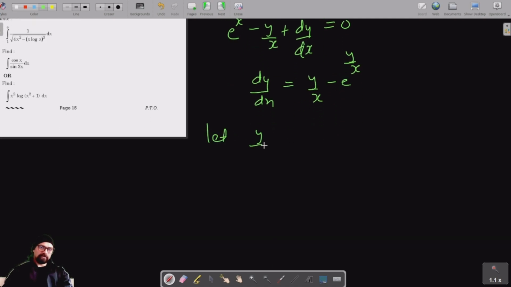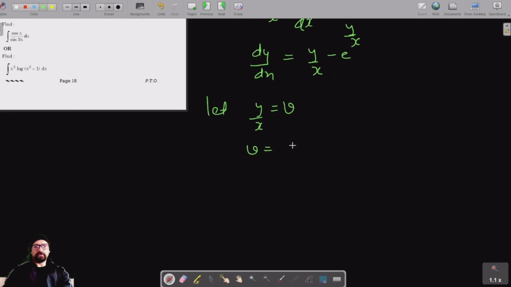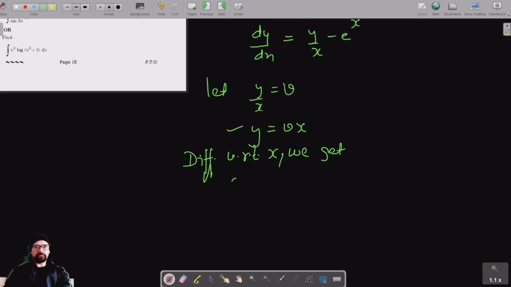And let's make the substitution here. So y by x is equal to v, which gives us y is equal to v into x, and differentiating with respect to x, we get dy by dx, and for vx, it's v into the differentiation of x, which is 1, plus x into dv by dx.